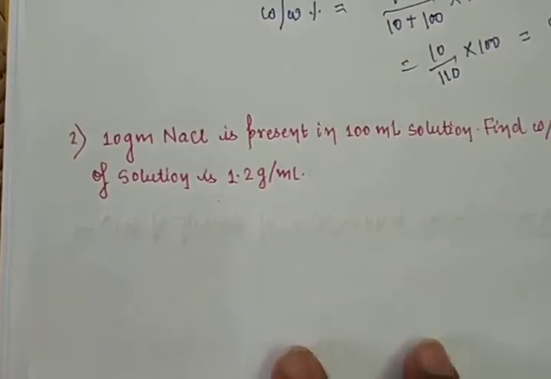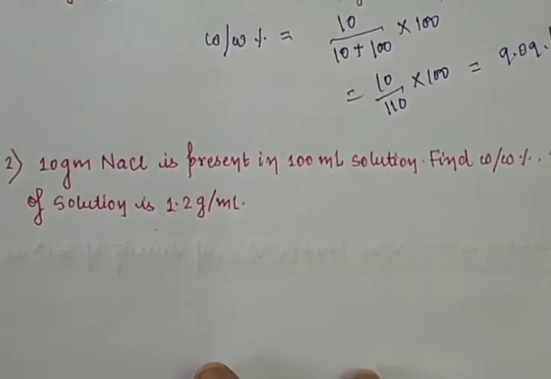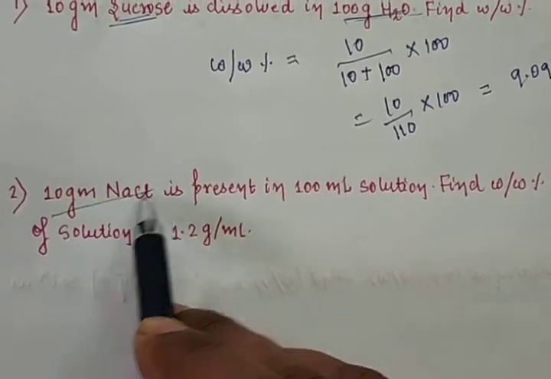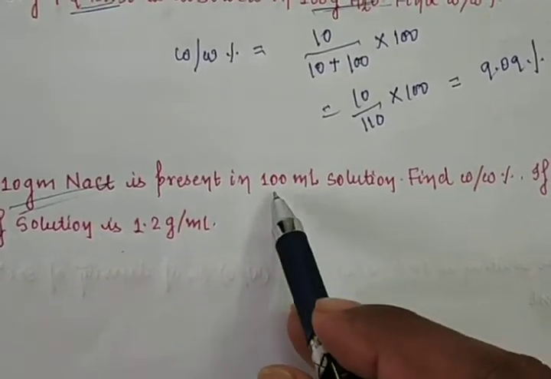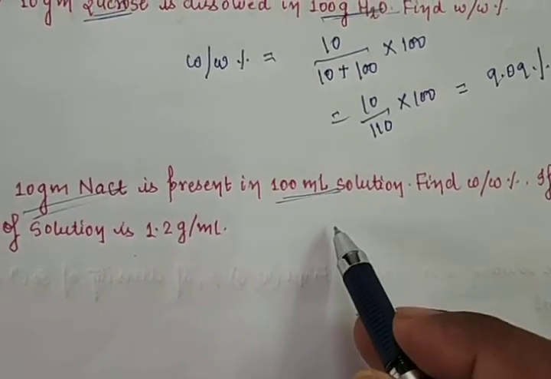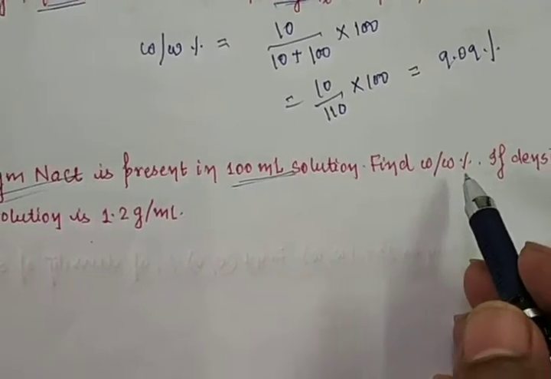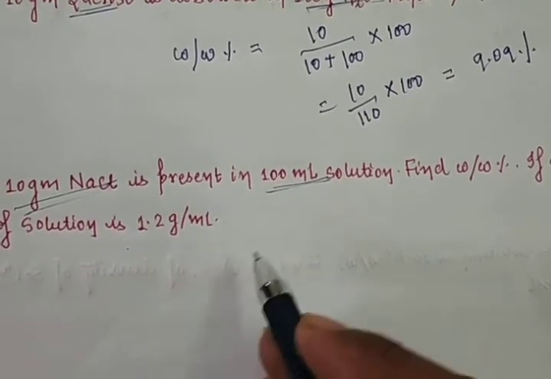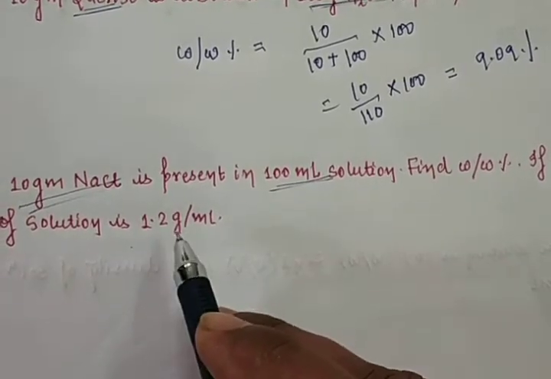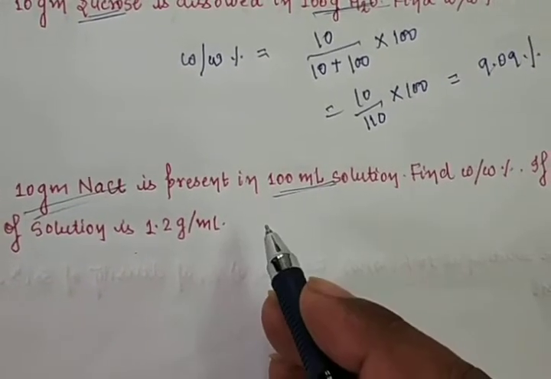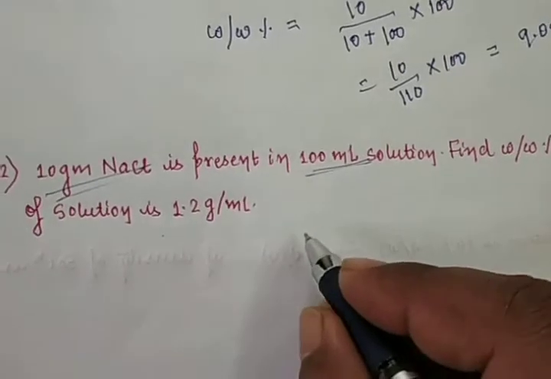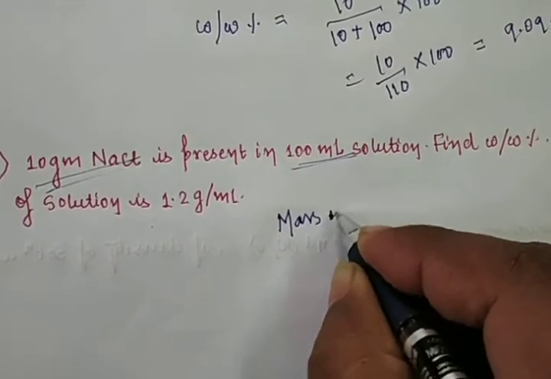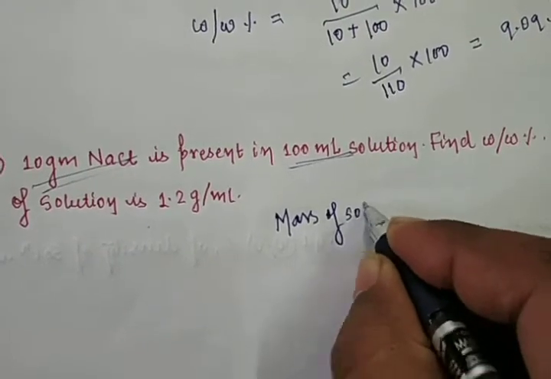Now the next question is again based on W by W percentage. 10 gram of NaCl, it means this is the mass of solute, and 100 ml of solution is given, not mass. Find W by W percentage if the density of solution is 1.2 gram per ml. You know the unit of density is gram per ml or gram per centimeter cube. So first focus on mass of solution.